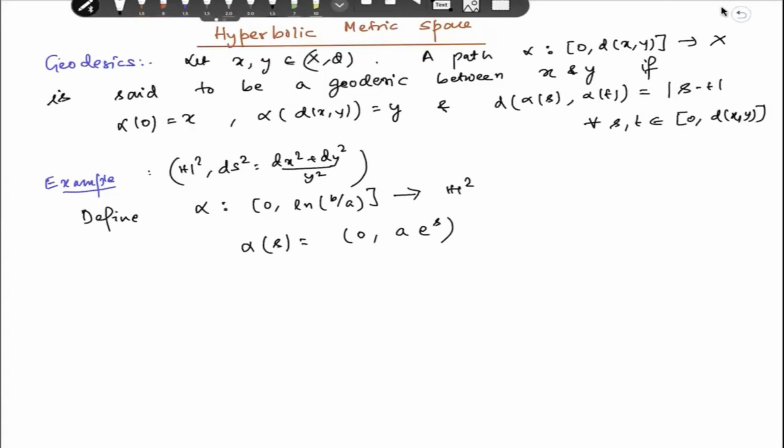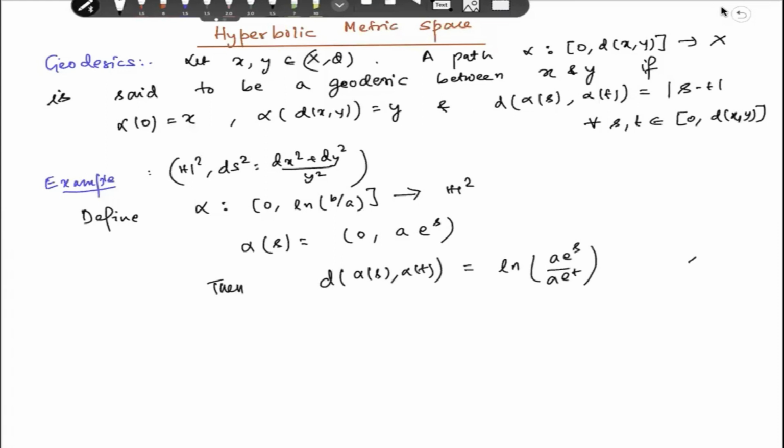Then the distance between alpha(s) and alpha(t) is equal to log of (a e to the power s)/(a e to the power t).